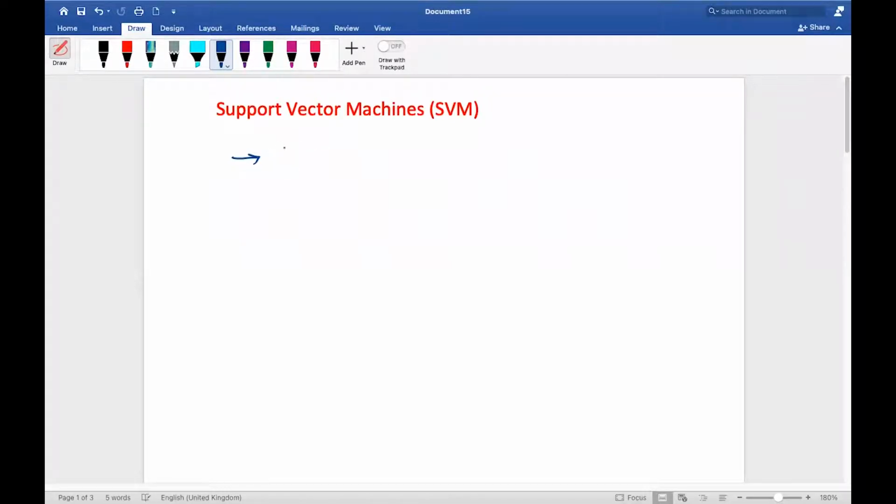So basically, SVM is a supervised algorithm, right?